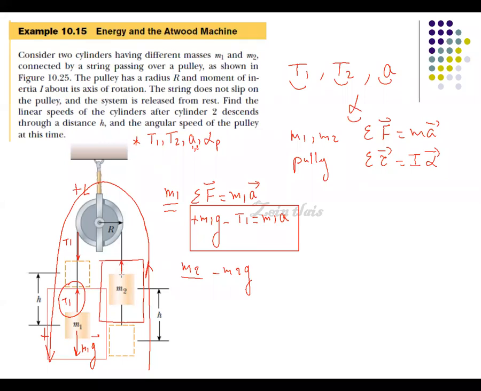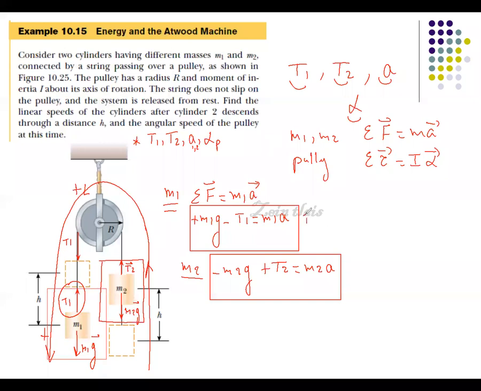Here we have T, and here we have mg. M2G in the negative and T2 in the positive equals M2 times A. This is the second relation between T2 and A.